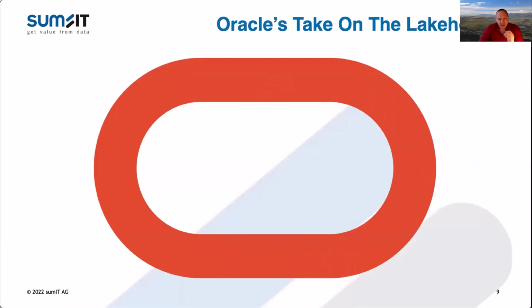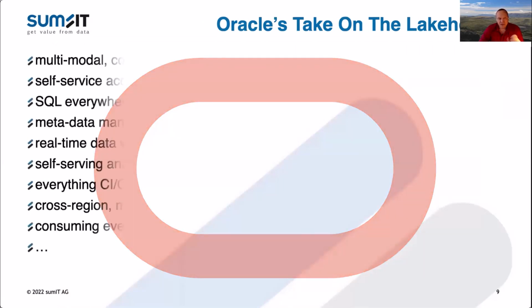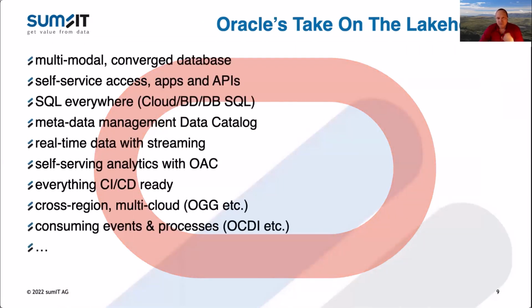First of all, high level, just to summarize the picture that we had, Oracle's take, as I see, I'm not an Oracle employee, on the data lakehouse is central, as Matthew already said, is our multimodal converged database, with all of its engines that are in there. You know, we can do JSON, we can do XML, we can do Oracle text, so fully indexed text search like an Elasticsearch in the database.